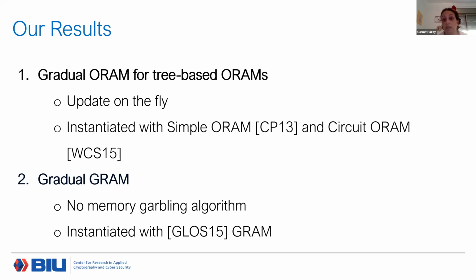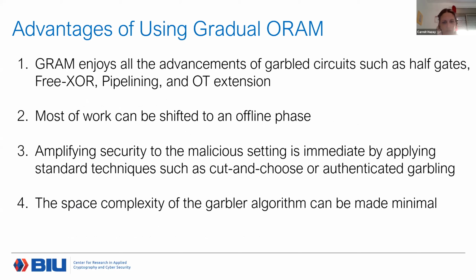So very briefly, using this concept has many advantages. We can adopt techniques for Boolean circuits because we can basically translate our construction into a sequence of CPU steps. We don't have this garbled memory algorithm anymore, so we inherit all the advantages we already have and know from Boolean circuits.